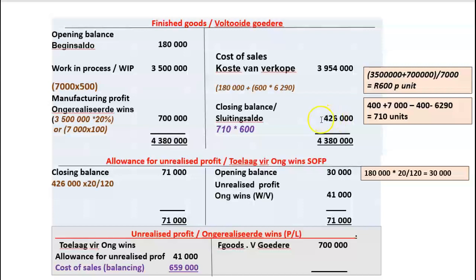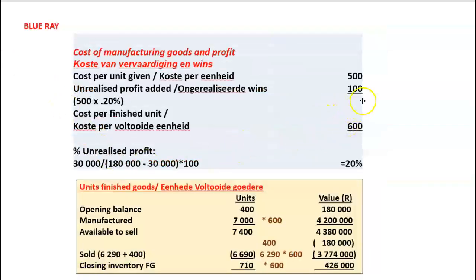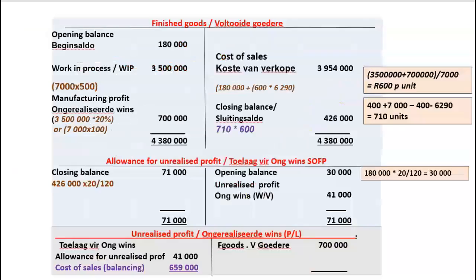Now, what is our unrealized profit component included in our closing inventory? Well, we know that our unrealized profit component is 100 Rand, and we had 710 items on hand at year end. So 710 multiplied by 100 Rand will give us our closing balance of our allowance for unrealized profit, which equals 71,000.